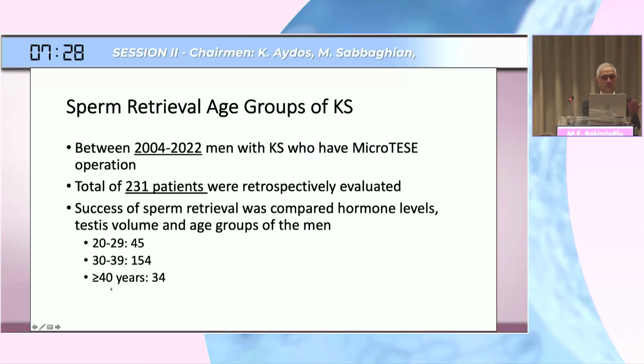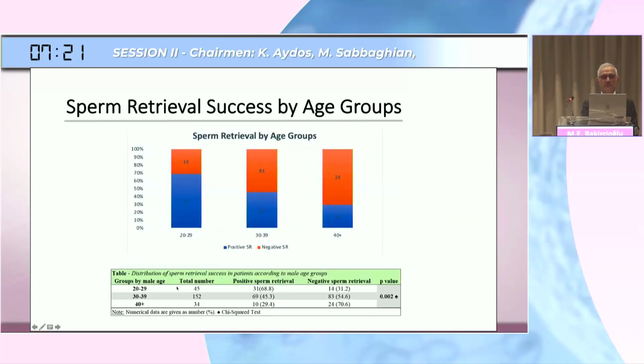And after 40 years, we have 34 men with Klinefelter's. And when we look at the sperm retrieval rates, in young age, we have more than 60% sperm retrieval, which decreases to 45% in 30 to 39. And after 40, it's around 30%, which is significantly lower.